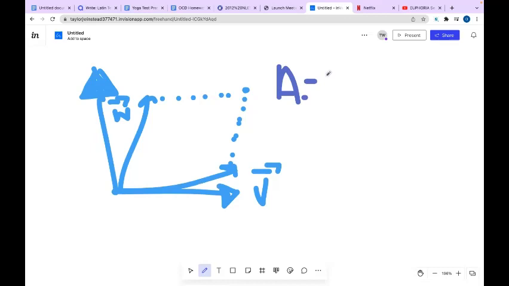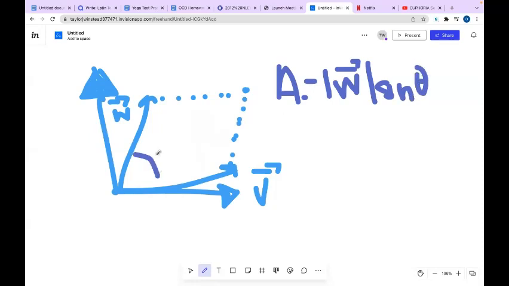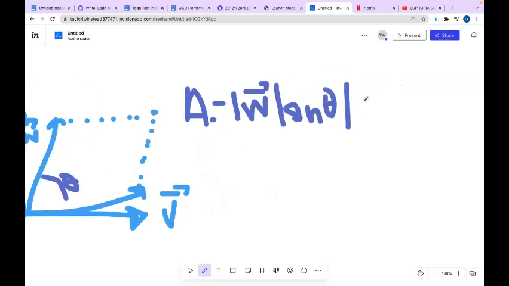So in this case, it's going to be equal to the length of W times sine of theta, where this is theta, times the length of V.